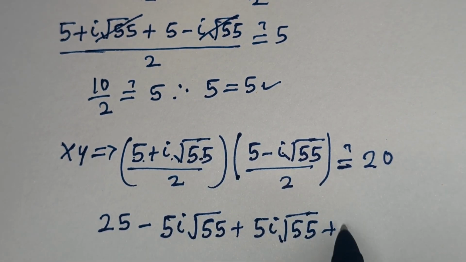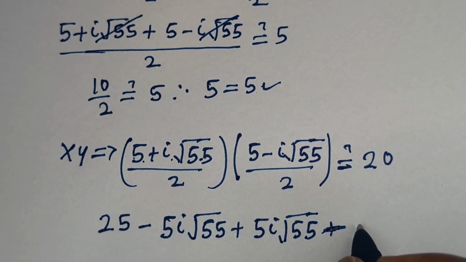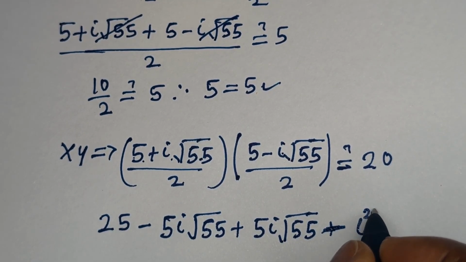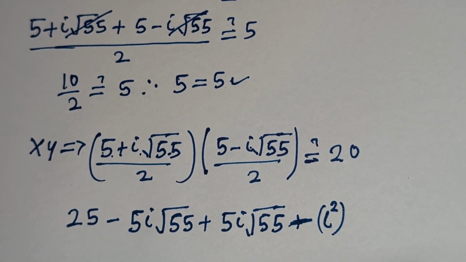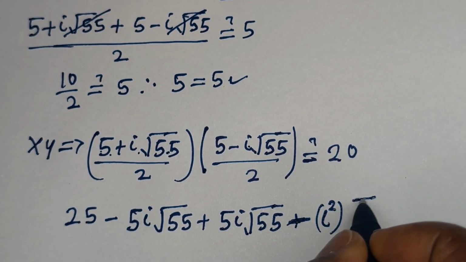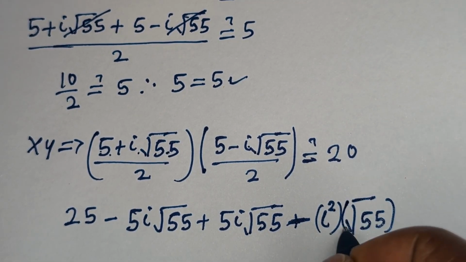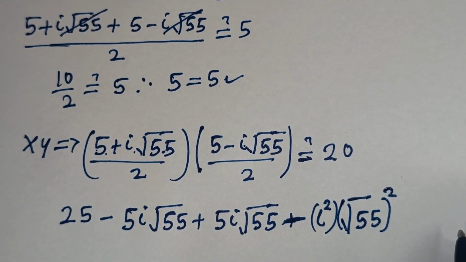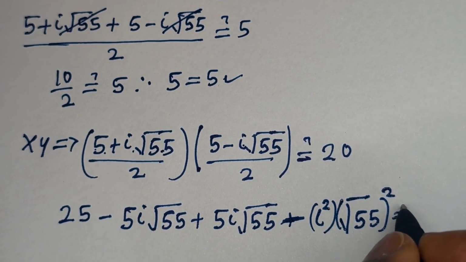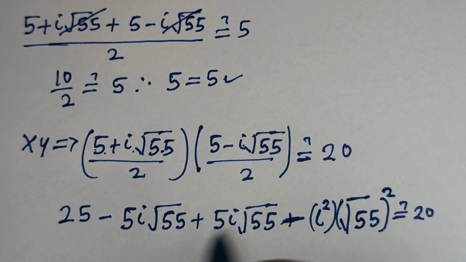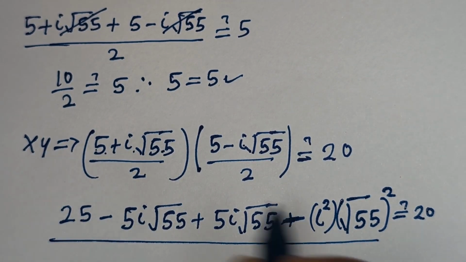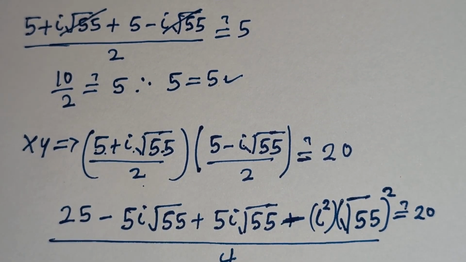minus i root 55, this will be minus i squared, then square root of 55 squared, must be equal to 20 over 2 times 2, that is 4.